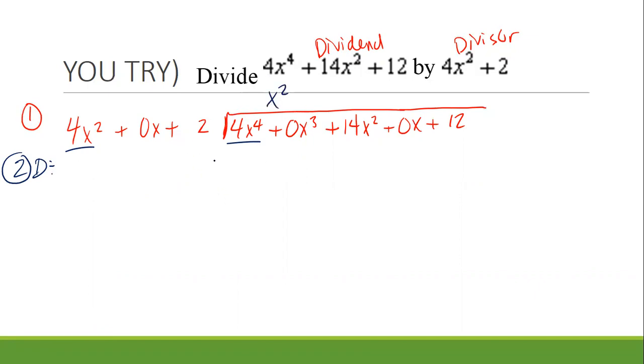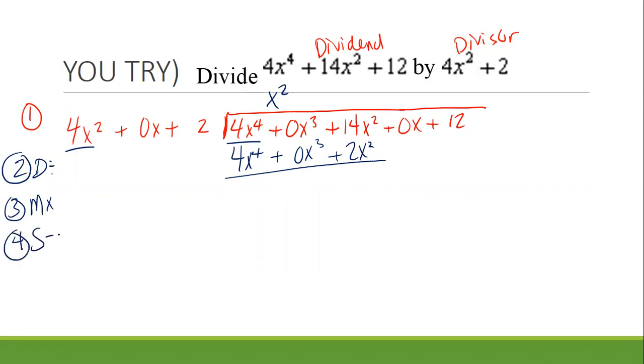And I'm going to multiply x squared times each one of these terms. So x squared times 4x squared is 4x to the 4th. X squared times 0x is 0x to the 3rd. X squared times 2 is 2x squared. So step 3 is completed. I multiply. Step 4 is to subtract.